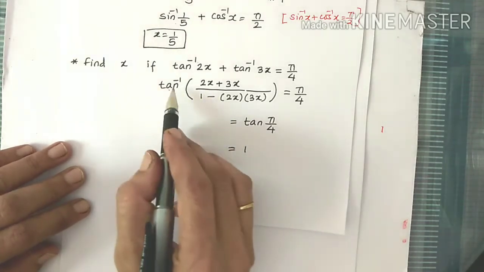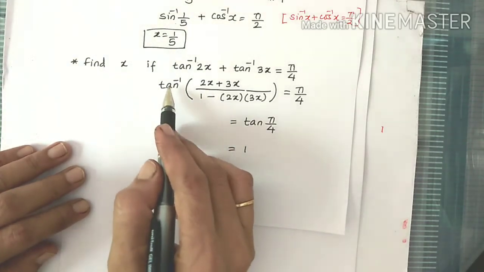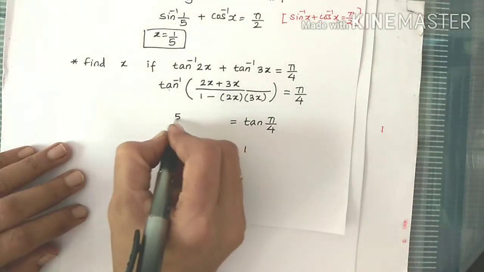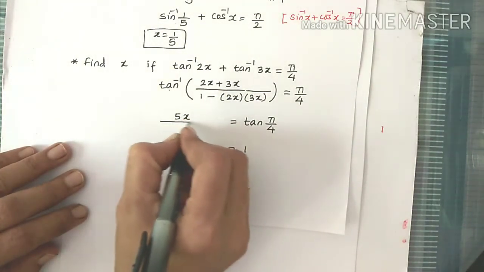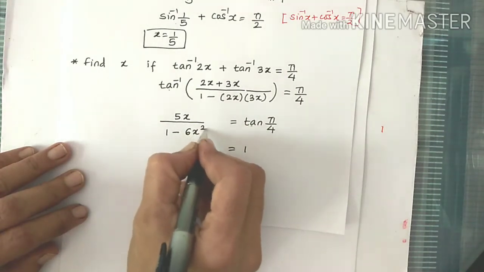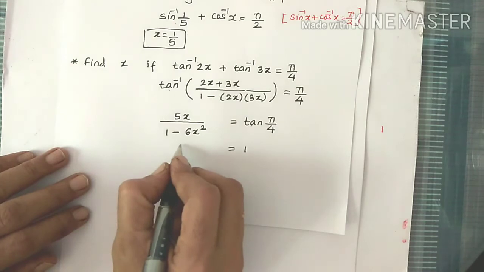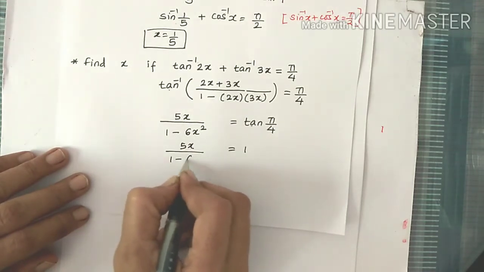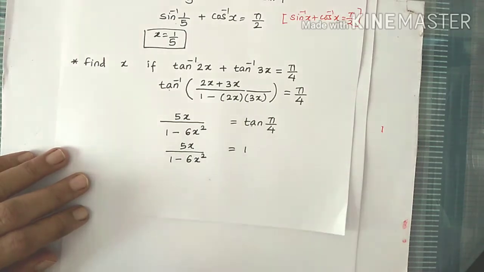Now let's write the bracket here. So we already transferred tan inverse to the right hand side. Now this simplification is 2x plus 3x, that is 5x, divided by 1 minus this product, which is 6x square. Tan pi by 4 is 1, but the left hand side is the same, 5x upon 1 minus 6x square.